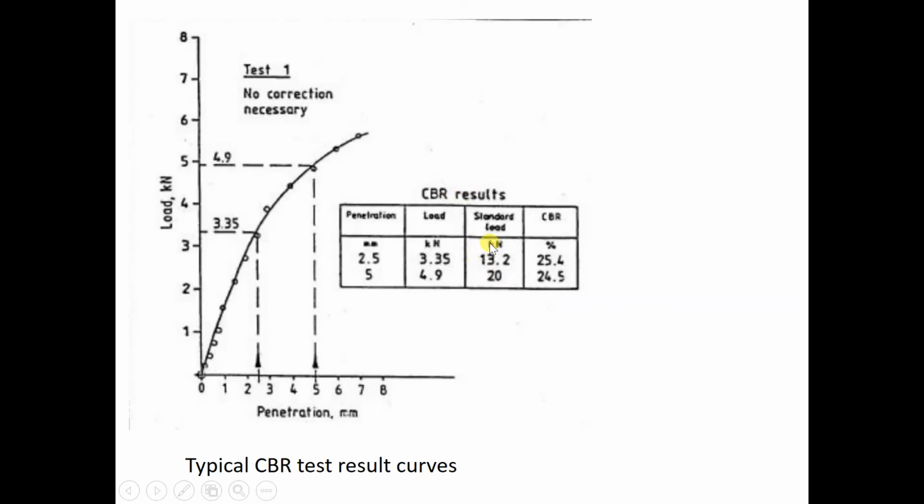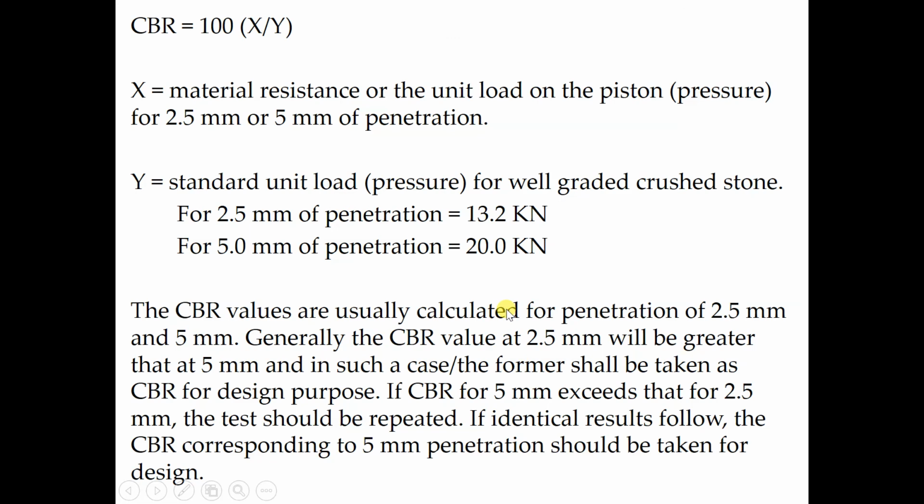This is the loading of the sample at 2.5 mm and 5 mm, and then there are the standard loads for 100% CBR. So 3.35 is compared to 13.2 and 4.9 is compared to 20. The CBR value is usually calculated for penetrations of 2.5 mm and 5 mm.